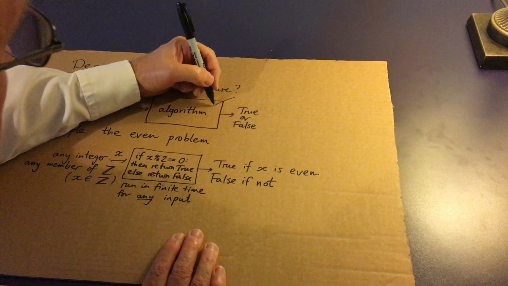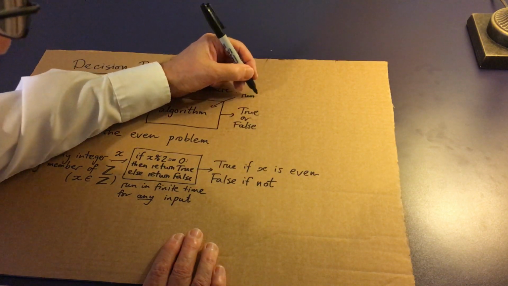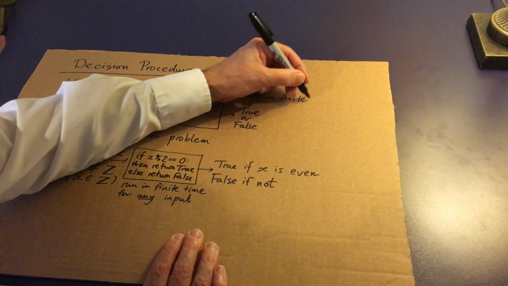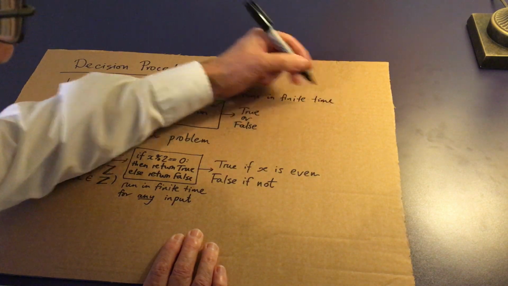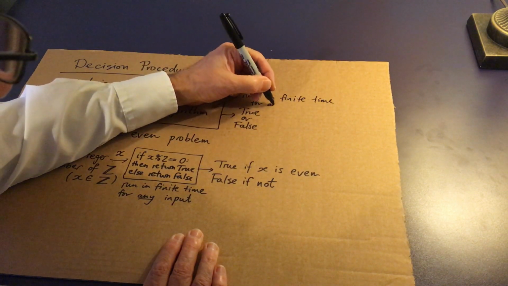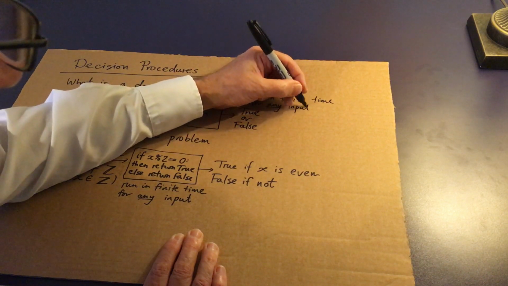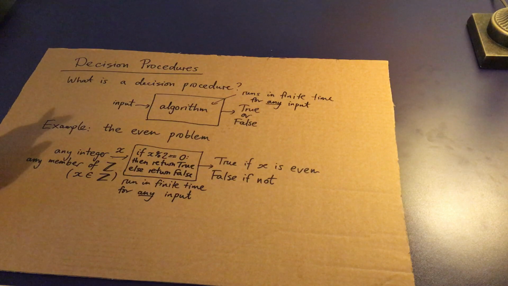I'll put it here. Runs in finite time for any input, not just some of them. Well, it's finite time, and it means that eventually it will give you a result. It's guaranteed to give you a result if you wait.